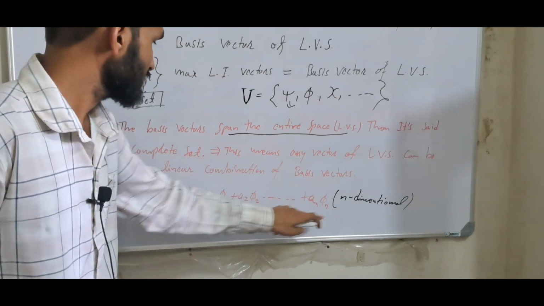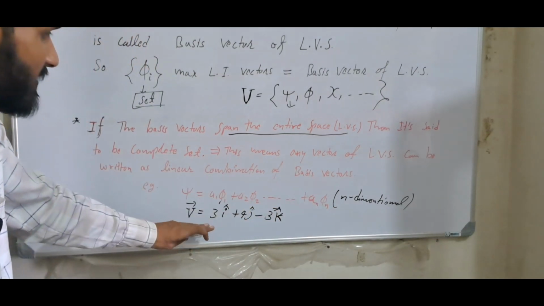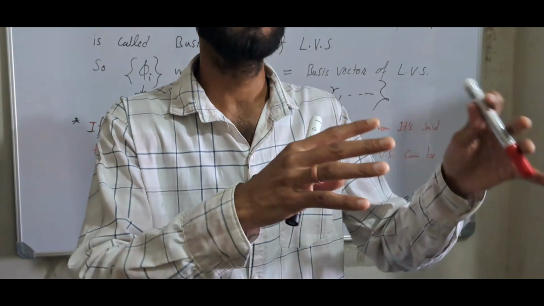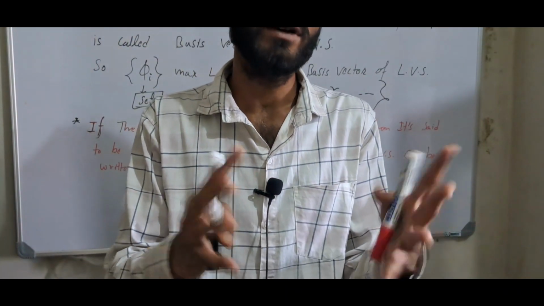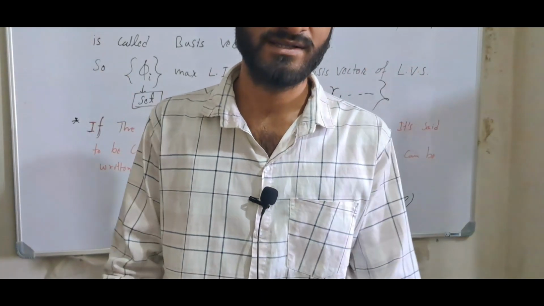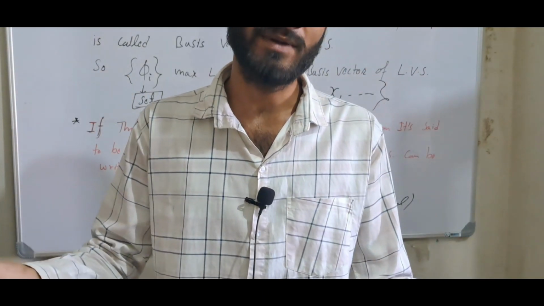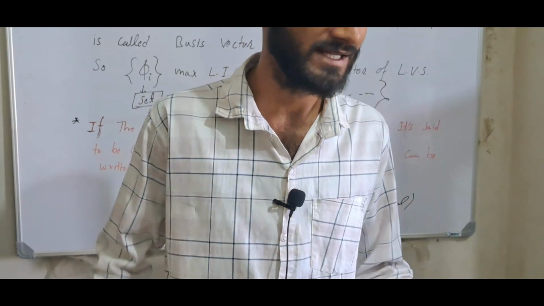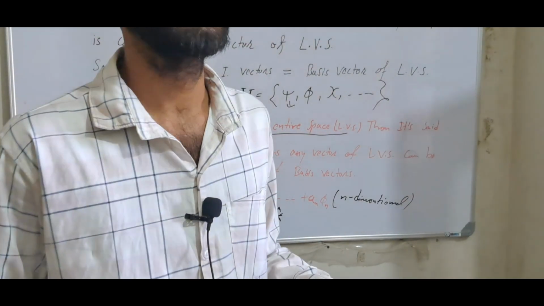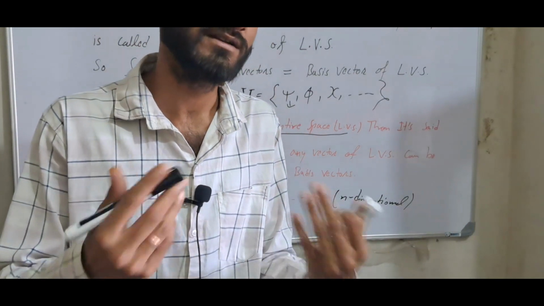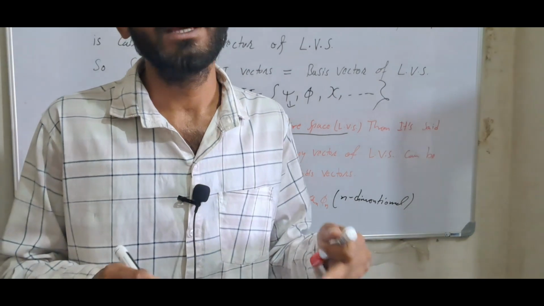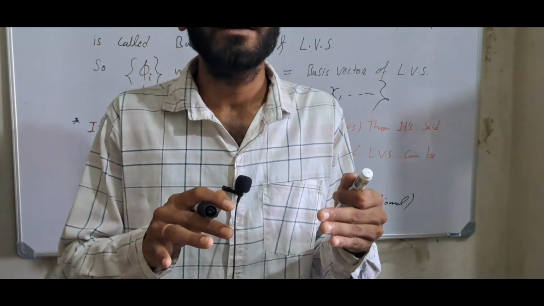This is nothing but saying that any other vector can be written as a linear combination of these linearly independent vectors, which are the basis vectors, the maximum linearly independent vectors that belong to a particular vector space. They are not specifically spatial vectors. These vectors can be arbitrarily chosen, they just need to satisfy a few conditions.